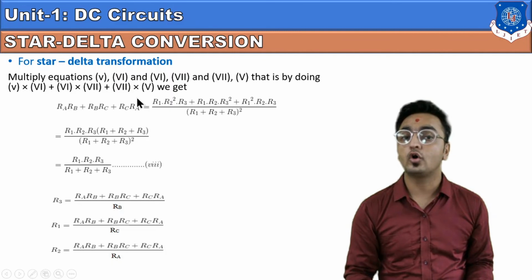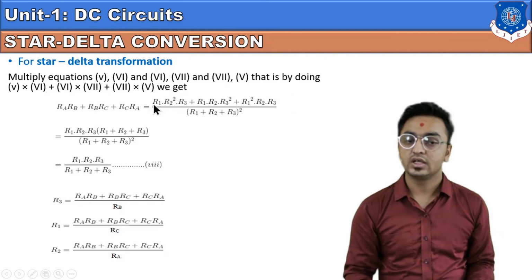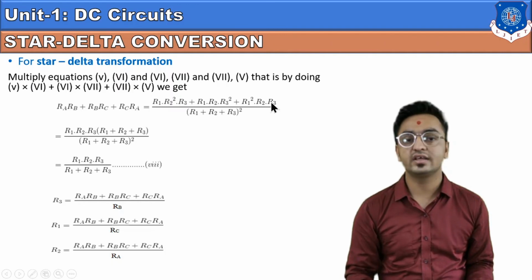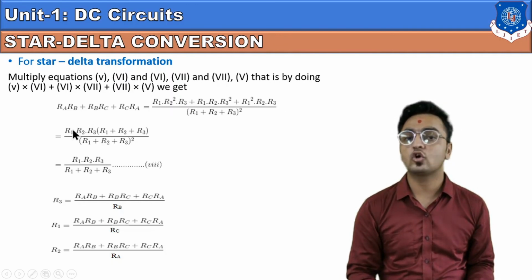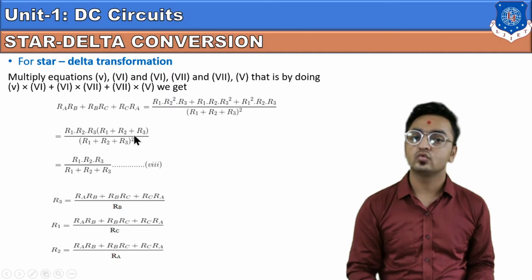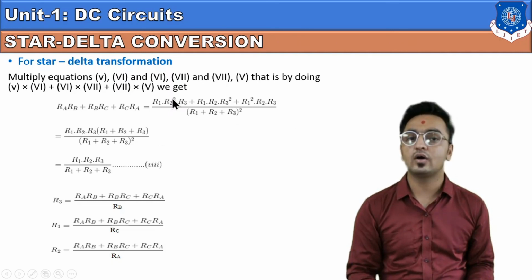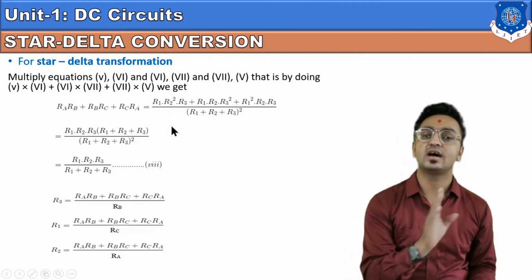Now if you observe this equation, here we have the common term R1 R2 R3, the same way here R1 R2 R3, here R1 into R2 into R3. We can take this term as common, R1 R2 and R3, so the remaining terms are R2 from here, R3 from here and R1 from here, in brackets R1 plus R2 plus R3.